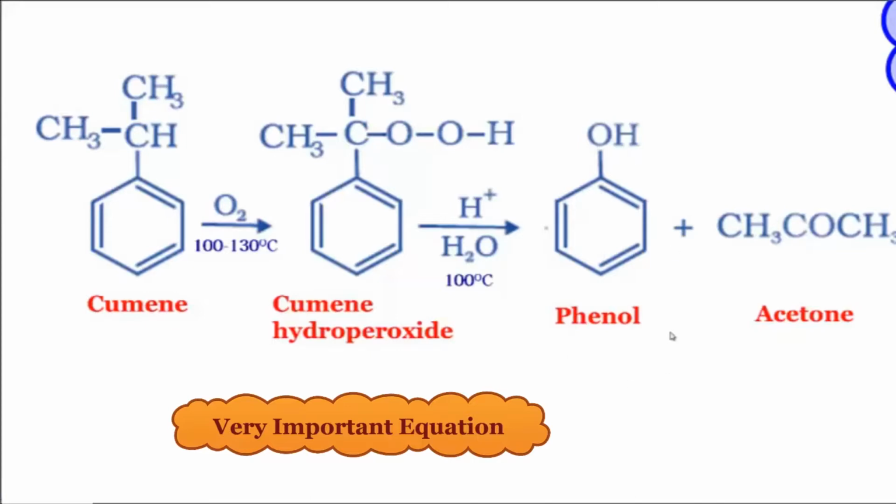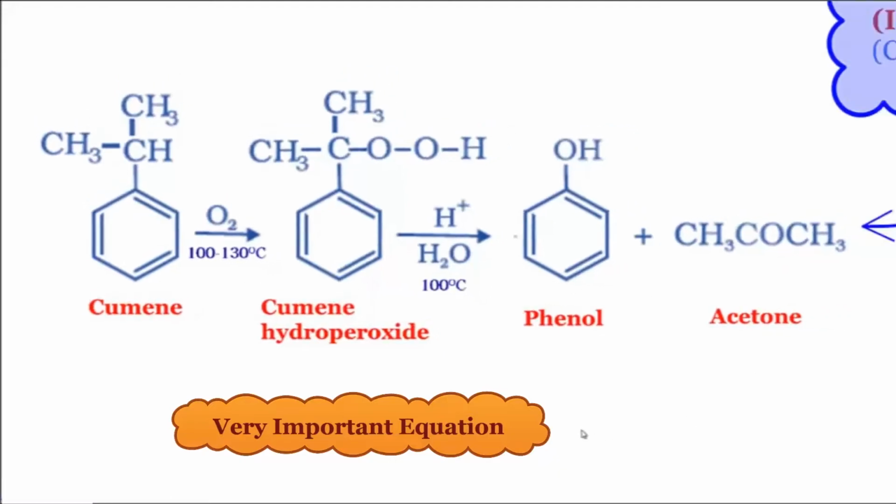Thus we will land up in the formation of phenol. So cumene process is a very important method of obtaining phenol, and it is the commercial method of obtaining phenol. This would be a definite question for 2 marks, wherein the students are expected to write the statement as I already showed to you and the equation to be written like this. And remember, I have simplified the process of remembering this equation.